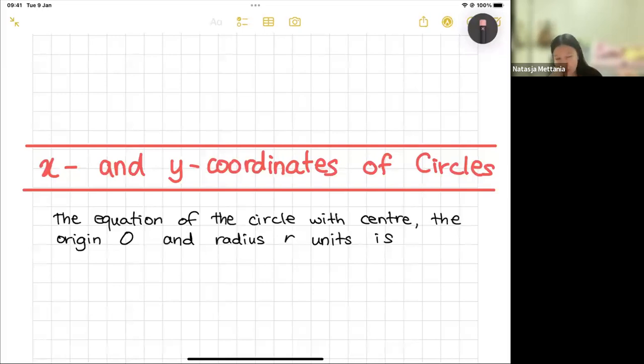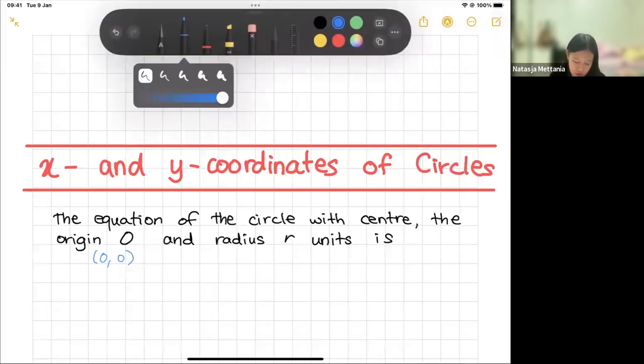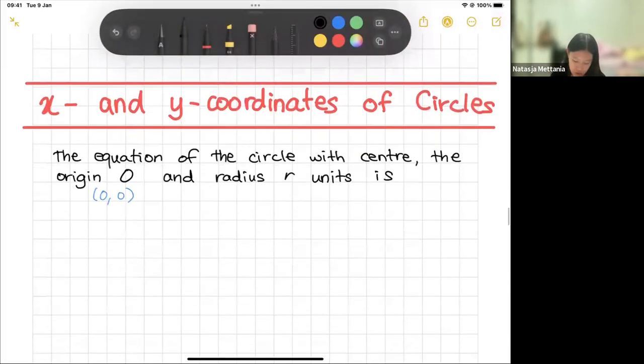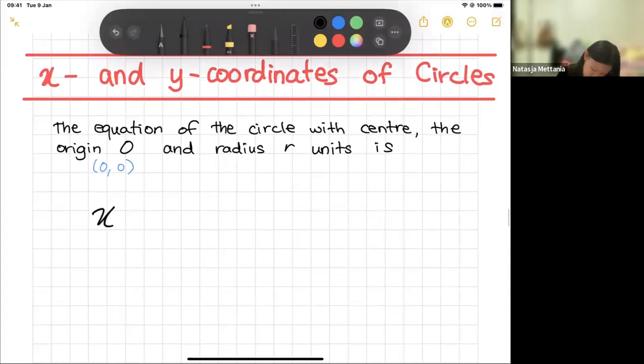So let's get started. The equation of the circle with center at the origin, and when I talk about origin, it basically looks at the coordinate 0, 0, and radius r units is, this is the equation that you need to remember: x squared plus y squared equals r squared.